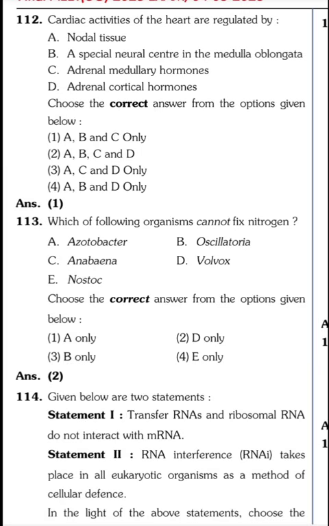There is also a special neural center in the medulla oblongata which regulates the rate of heartbeat. And then there are the adrenal medullary hormones, which release epinephrine and norepinephrine. Epinephrine is also called adrenaline, norepinephrine is also called noradrenaline. They help in increasing as well as reducing the rate of heartbeat. So in the first option, A, B and C are correct.